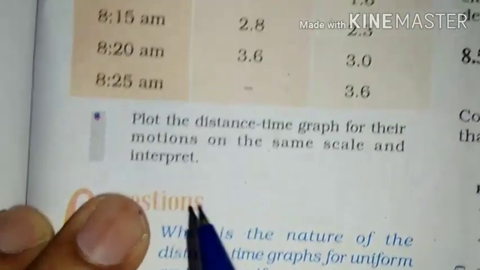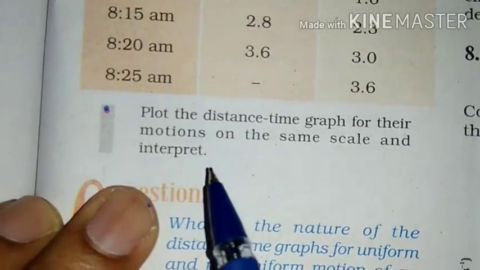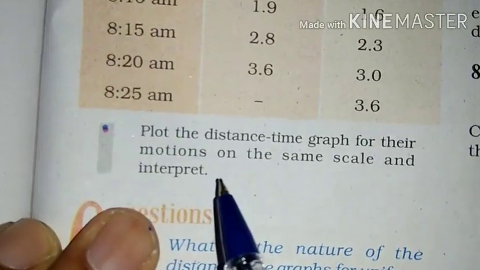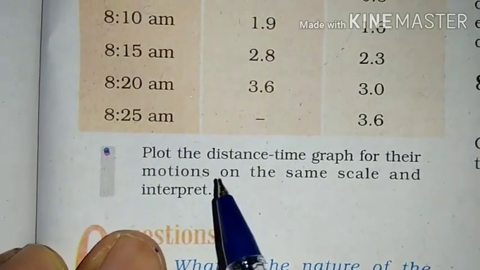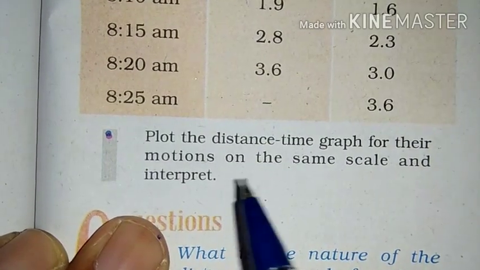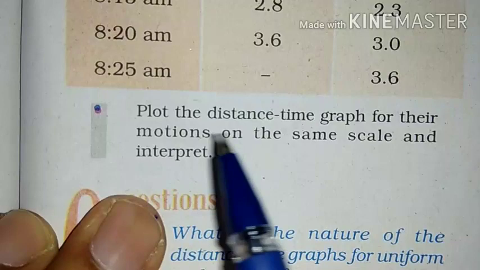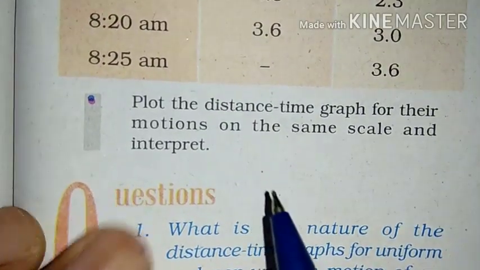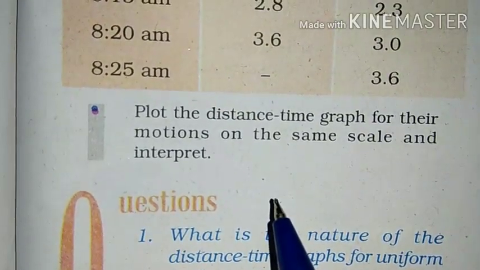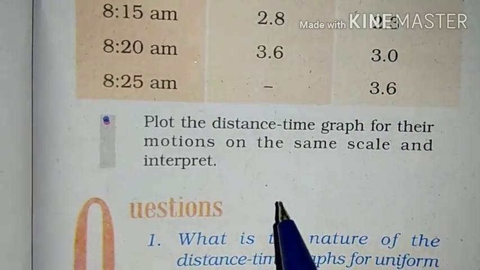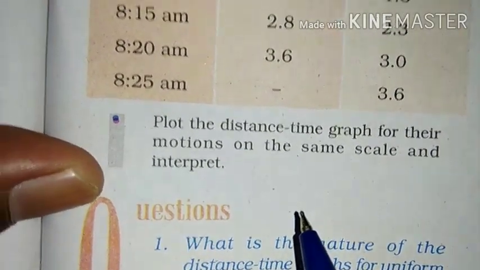So, we have read different graphs. We have read distance time graph, velocity time graph, uniformly accelerated motion, non-uniformly accelerated motion, but now we shall really solve questions related to it. So how we can represent it on graph?